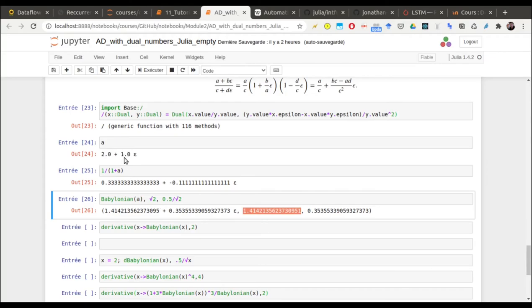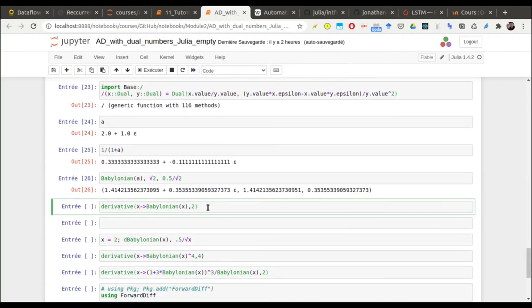And since I took 1 for the epsilon value, this should be the derivative of the square root function taken at 2. The derivative of the square root function is 1/2 over the square root, and you see that you obtain exactly this formula.